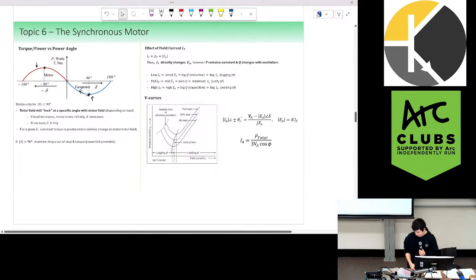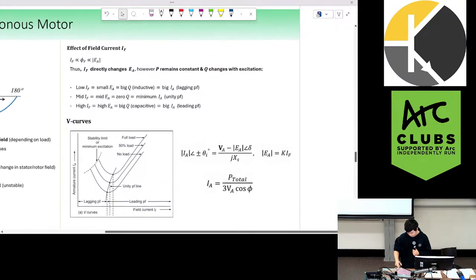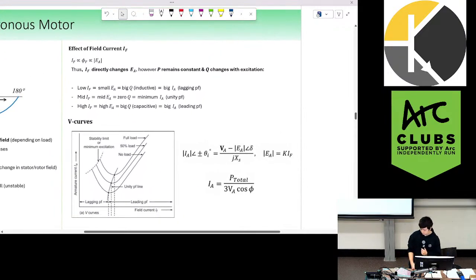All right. The effect of field current, IF, it directly changes our excitation. However, the power of our machine remains rather constant. It is Q, our reactive power, that changes with the excitation. So how might we think of this?